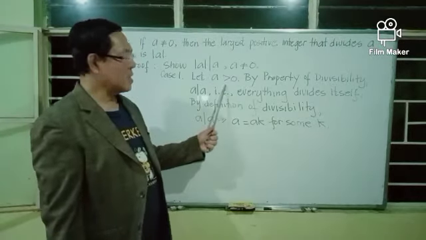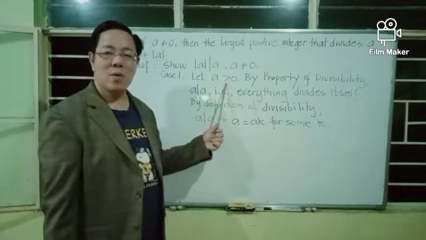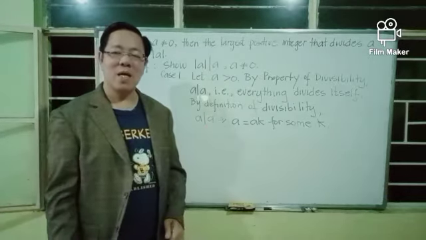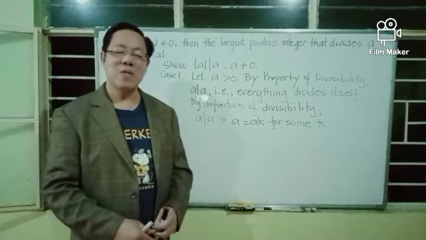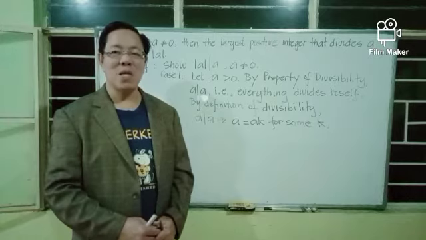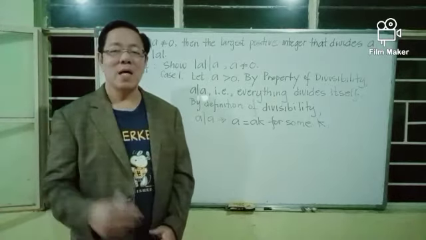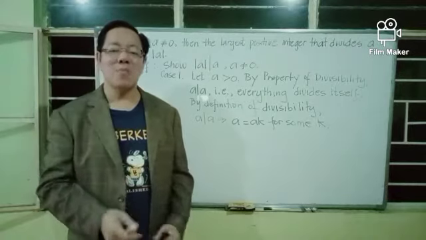Now we let in case 1 a be greater than 0, which means that a is positive. Therefore, the absolute value of a would be equal to a if a is greater than 0, and that is by definition of absolute value.